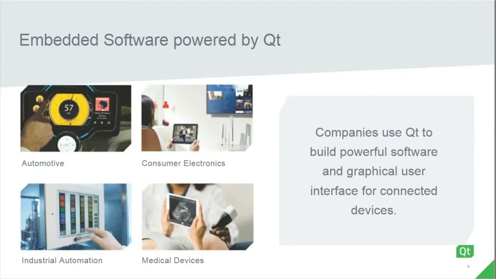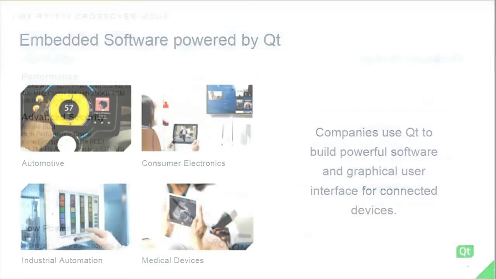Today there are thousands of devices on the market for the automotive, consumer electronics, industrial automation, and medical markets. Especially for embedded Linux systems, Qt has become almost a de facto standard for graphical user interfaces. So back to you, Phil.